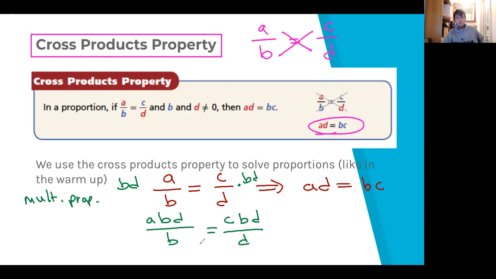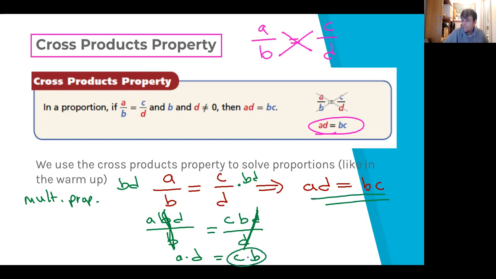And now I can simply simplify what I have here a little bit. I have a B on the top and the bottom of my fraction. B divided by B is 1. D divided by D is also 1. Those things can cancel out, so to speak, leaving us with A times D equals C times B. C times B can just be reordered a little bit, right?